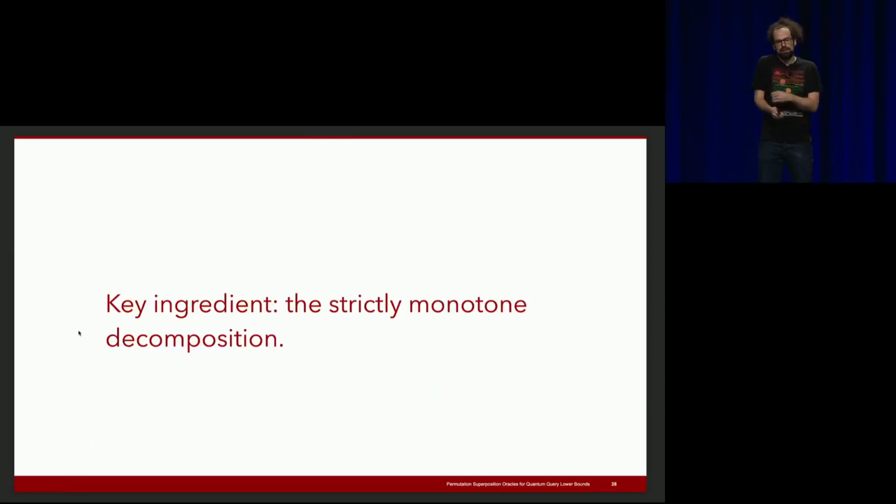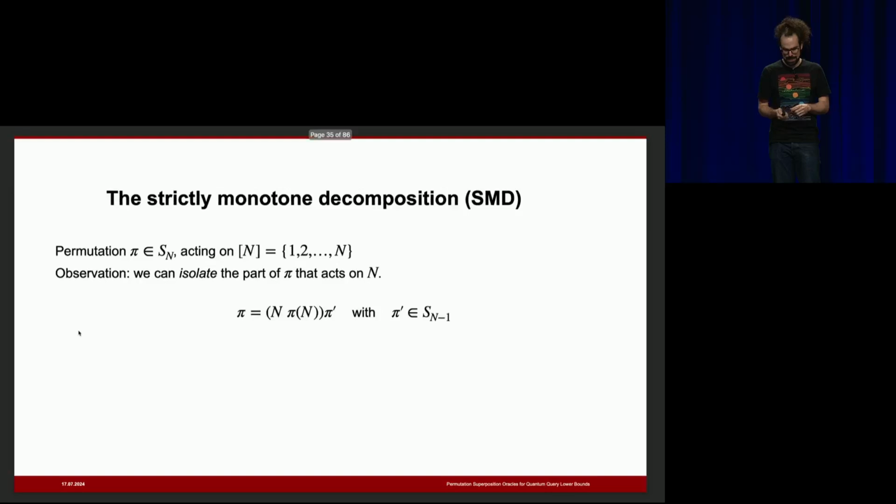Let me now move on to describe the key ingredient that we use to overcome these challenges, and that's the so-called strictly monotone decomposition. The idea of the strictly monotone decomposition is that if we have a permutation pi in S_n, then we can isolate its effect on, say, the largest value n by writing it as a product of a permutation pi prime that only permutes the values 1 up to n minus 1, and the transposition that just swaps n and pi of n.